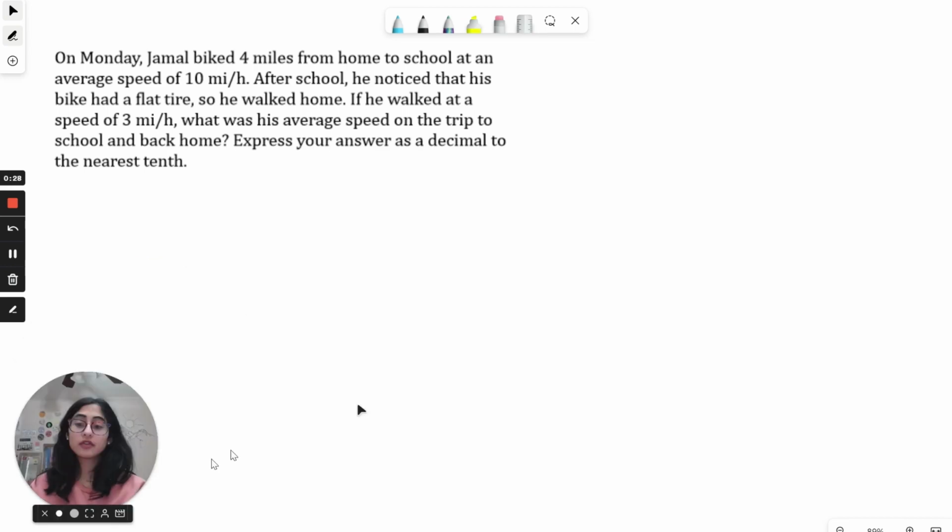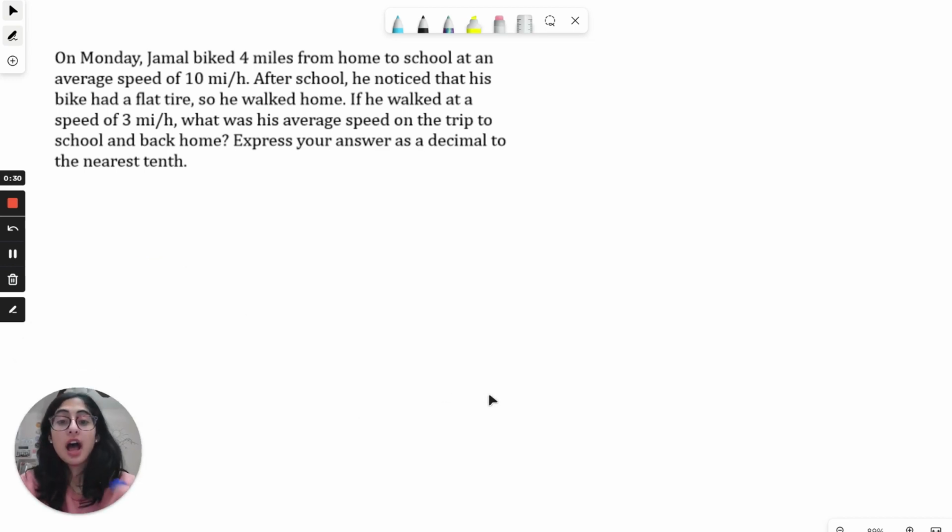So, first off, to solve this question, what is average speed? You should first know this equation that is very widely used. It's called distance equals speed times time, and that makes sense, right? If you go at a speed of 10 miles per hour for 1 hour, so that's your speed and your time, your distance is going to be 10 miles, right? Pretty straightforward.